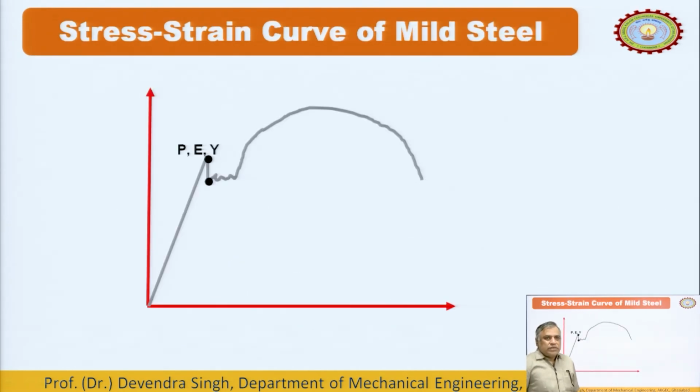Now, this is a special case I want to point out here. This is the stress strain diagram of a mild steel. This is sigma, this is epsilon. This is the only material where the proportionality limit, the yield point or the elastic limit and the upper yield point are coinciding.